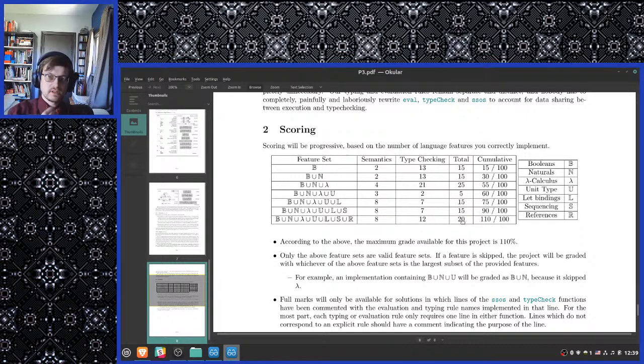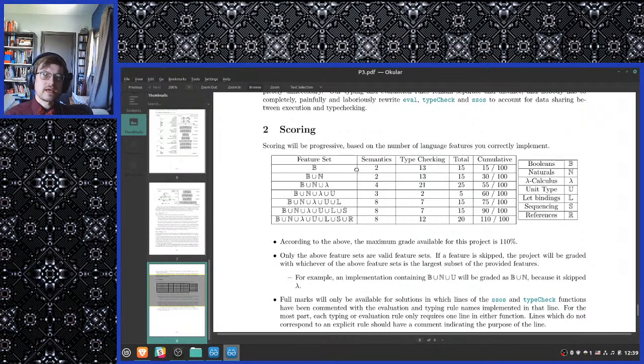Booleans, naturals, and lambda calculus are all things that I've asked you to implement the semantics for in the past. I've provided you with the data types this time, which I would like you to use.